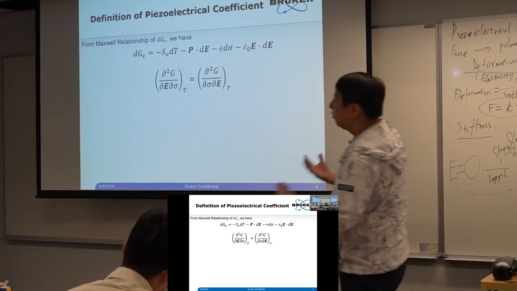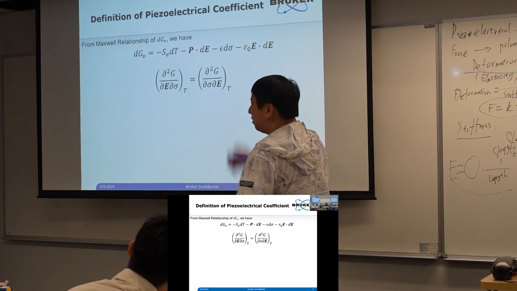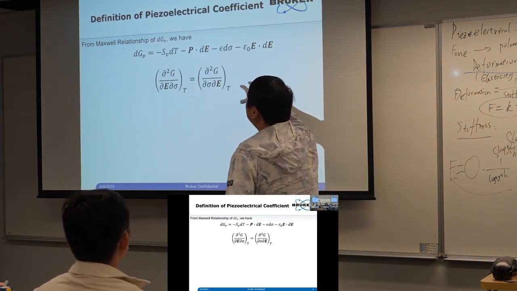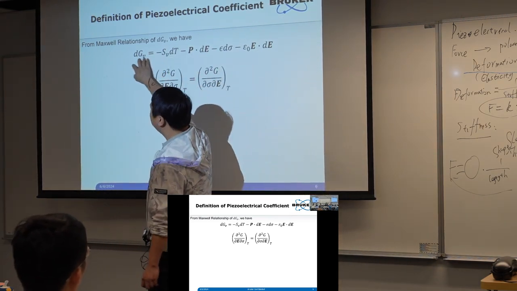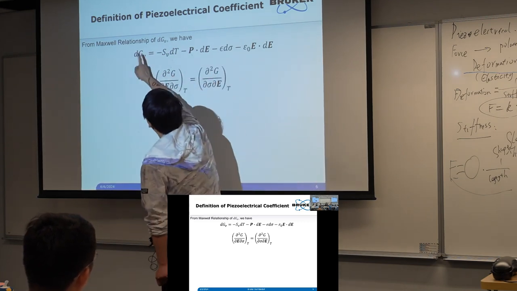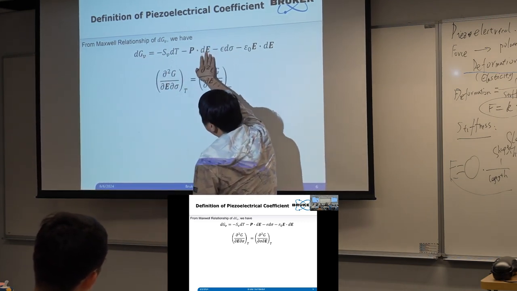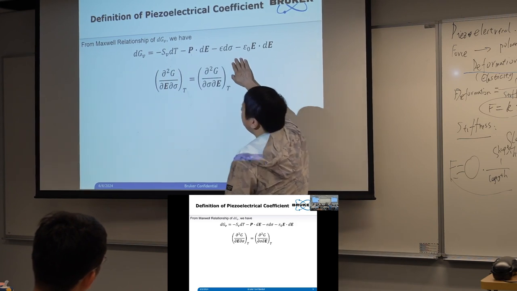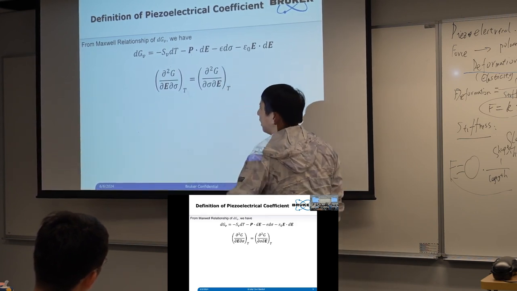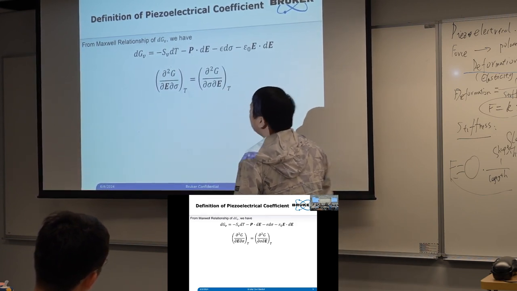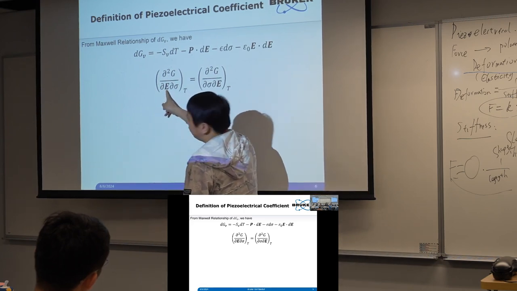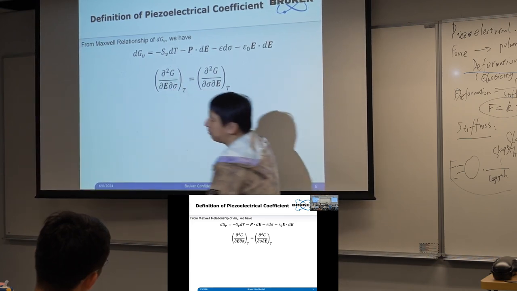Okay, and that's the basic relationship of the second order derivatives. Since G is a function of the electric field and the stress, if we take the second order derivatives, we can do the electric field first, or we can do the sigma first.